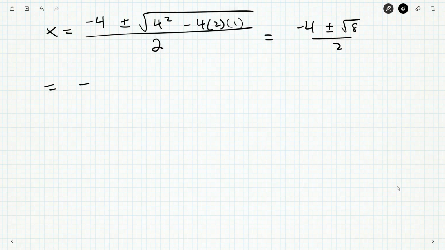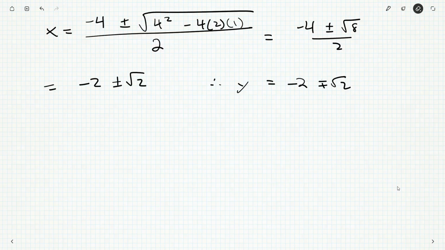And that's going to be negative 2 plus or minus root 2. So then y would be negative 2 minus or plus root 2. And they do multiply, by difference of squares, to get me 4 minus 2, which is 2.